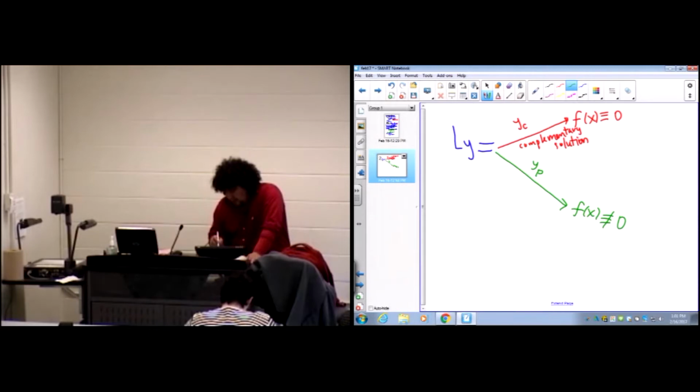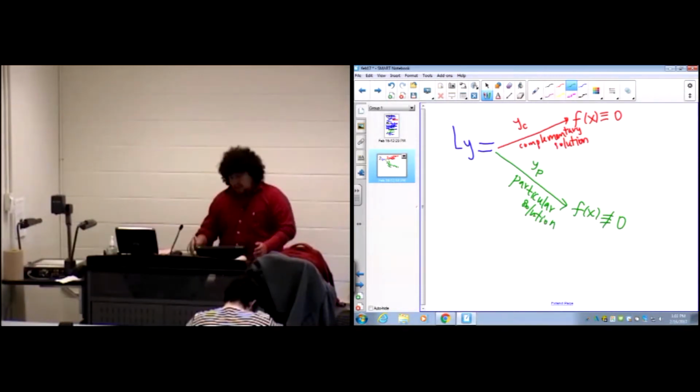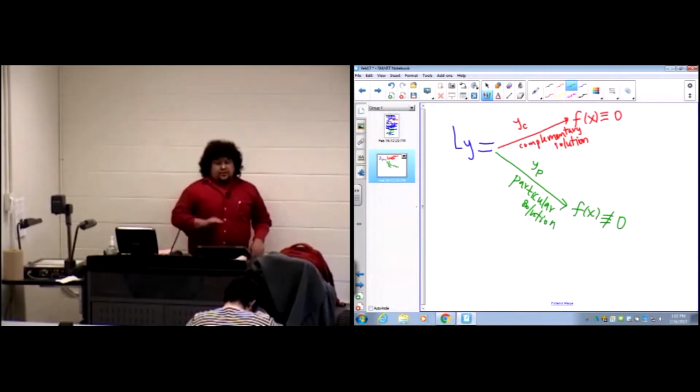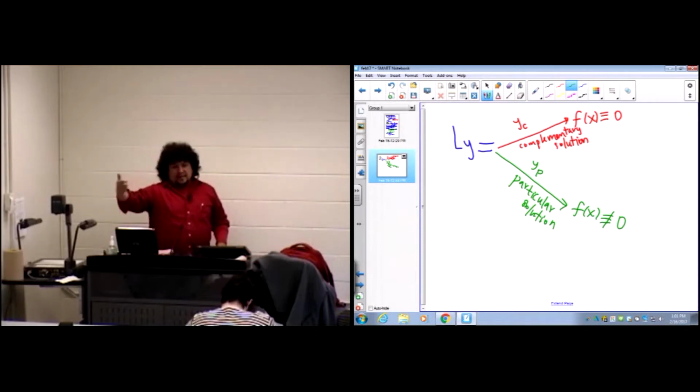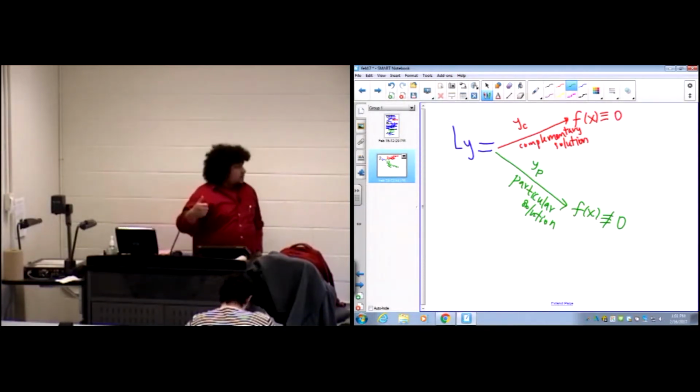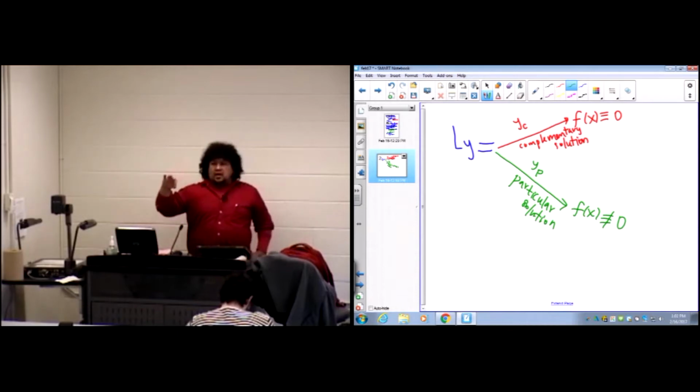If we set the right-hand side, f of x, to be identically 0, the problem becomes homogeneous. We proceed as we had done before, specifically for constant coefficient homogeneous problems. We assume the solution is of exponential type, translate that into a characteristic equation, and find the roots of the characteristic equation.